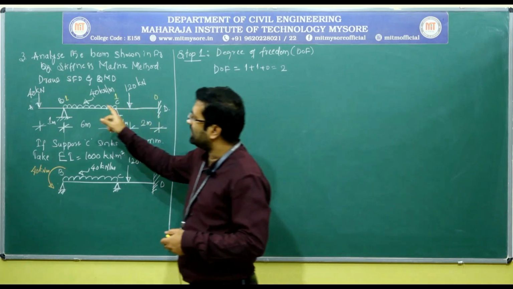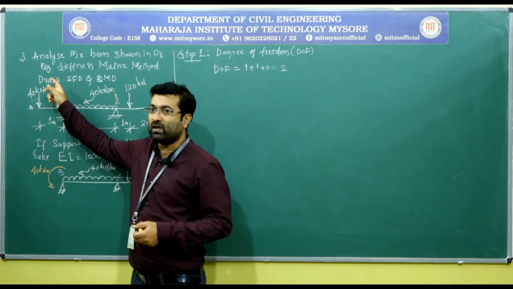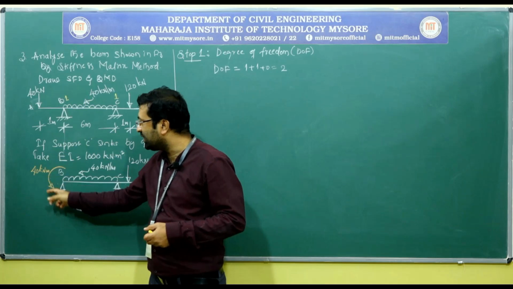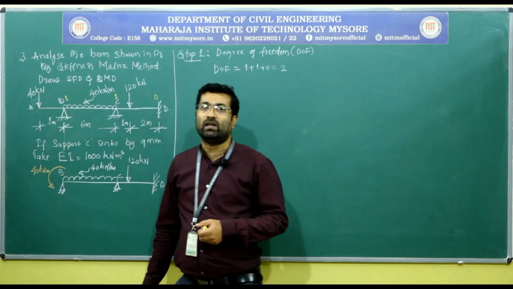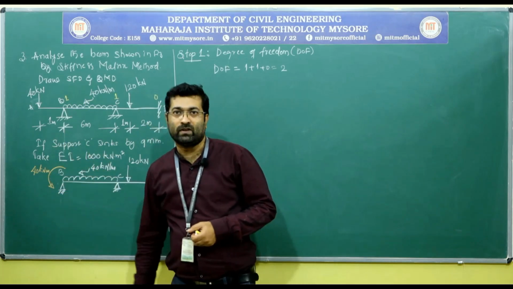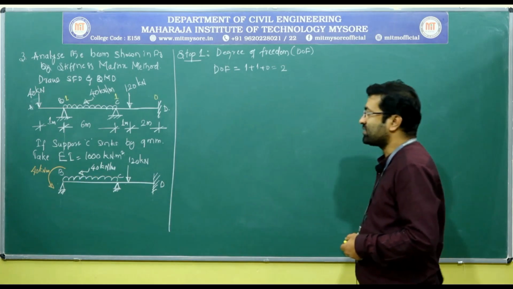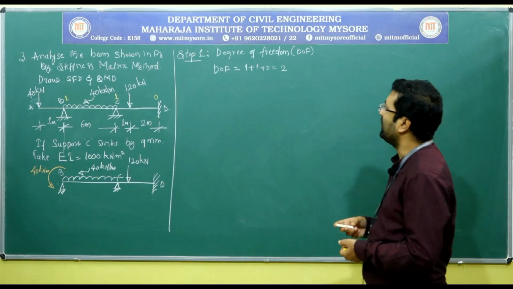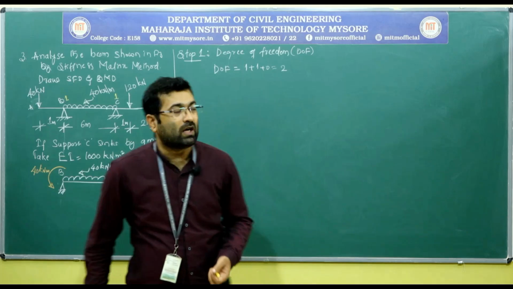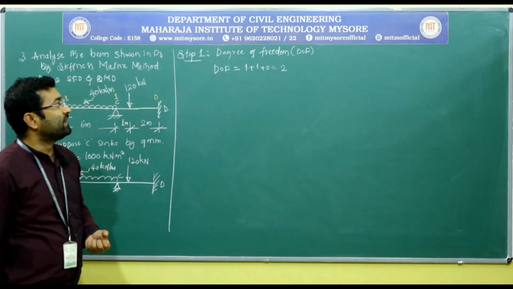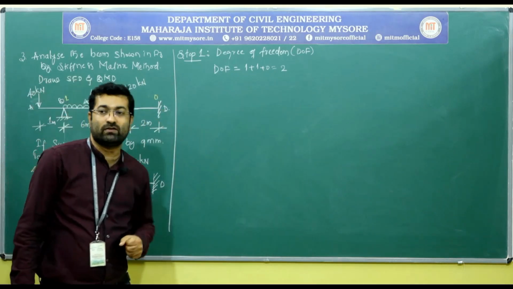Instead of dealing with this overhanging portion, I have converted that into an additional moment at B. So this becomes very easy for us to deal with, right. Okay. Now I have calculated the degree of freedom as 2.